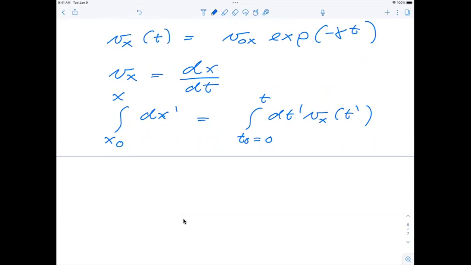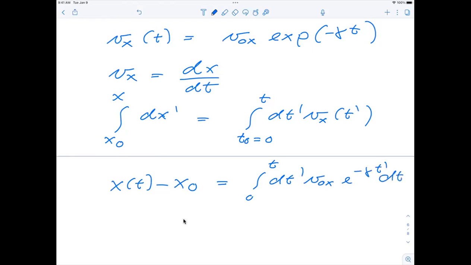When I integrate the right-hand side, I get x as a function of time minus my initial condition x0. This is equal to the integral from 0 to t of dt prime, multiplied by v0x, and then e to the minus gamma t prime, just the function here.